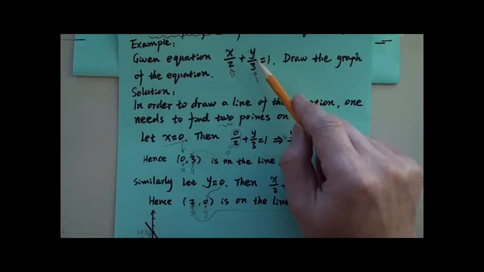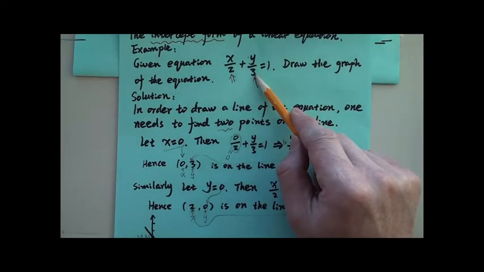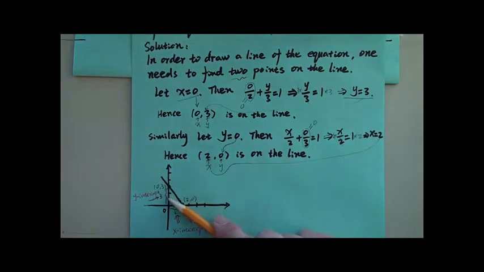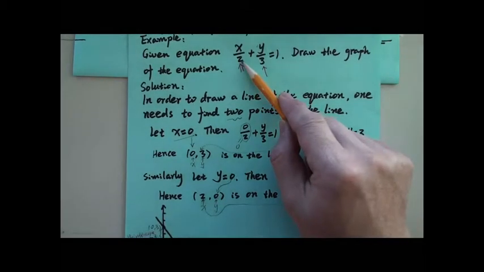So if a constant is down below y, you will mark that constant here. Later on, you don't need this process. You know here would be 3, and here would be 2.